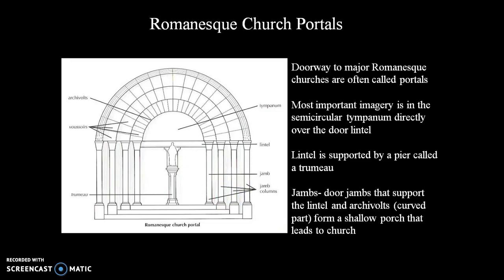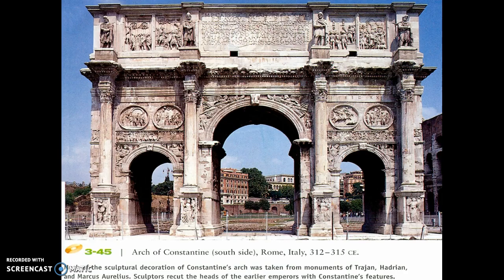The shape of the portals of Romanesque churches is actually meant to recall a monument that we've seen before. It's meant to recall imperial Roman arches, so triumphal arches. So here, if you remember this one, the Arch of Constantine. It's meant to recall them in shape, and also, triumphal arches are representations of Rome's triumph against whoever they were fighting, or just the glory of the empire.